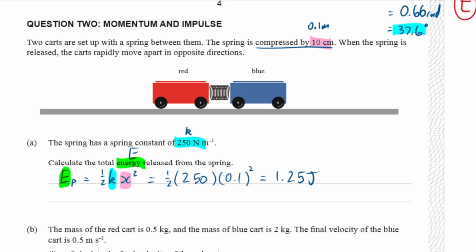Right, do check on our calculator though. So that's how much energy is stored in the spring and then hence released, assuming no energy losses. And that is an achieved question because we just substituted in some values and solved for a quantity.